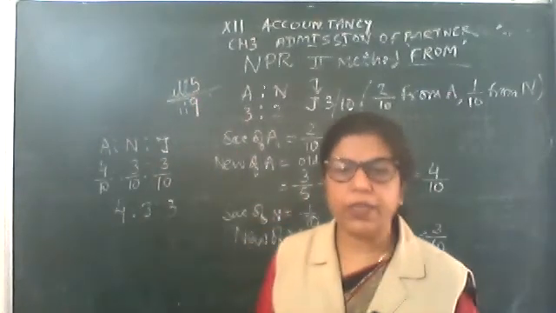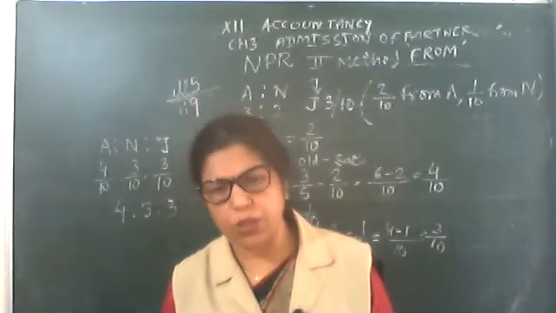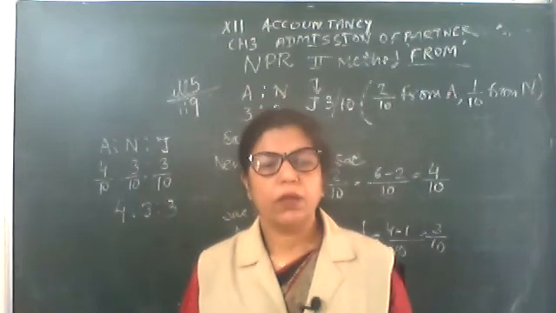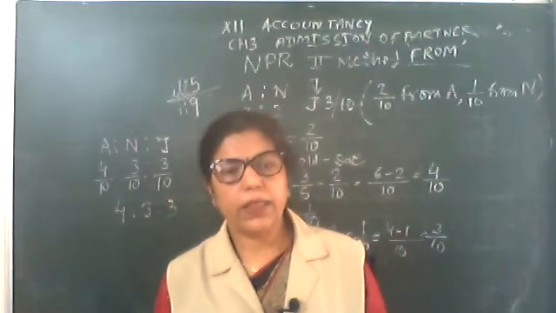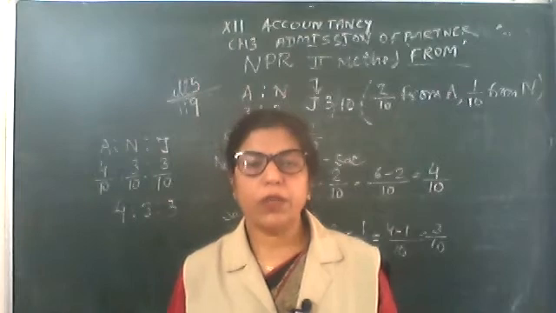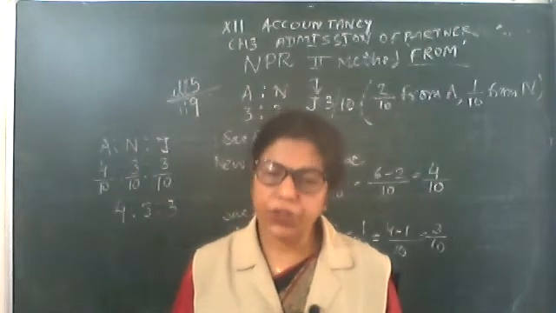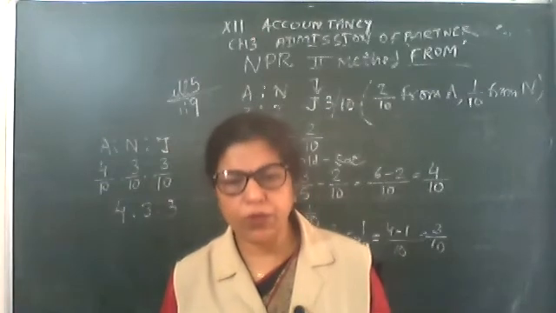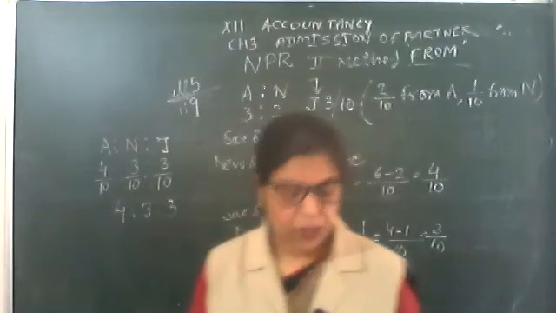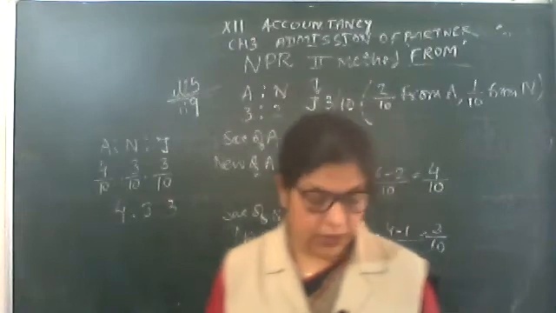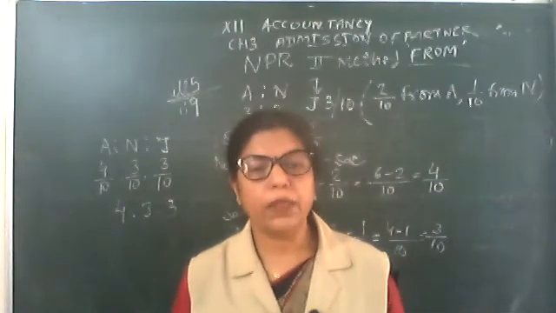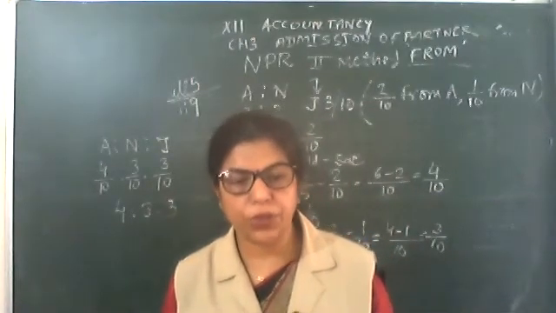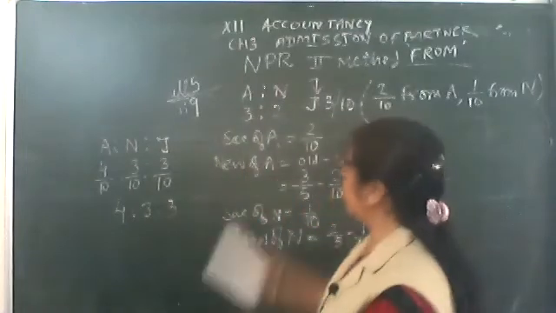If you don't have NCERT, please download it from the CBSE site. NCERT, page number 119, illustration 5. If you don't have the book, I am giving you the question, please note down. Das and Sina are partners in 4:1.